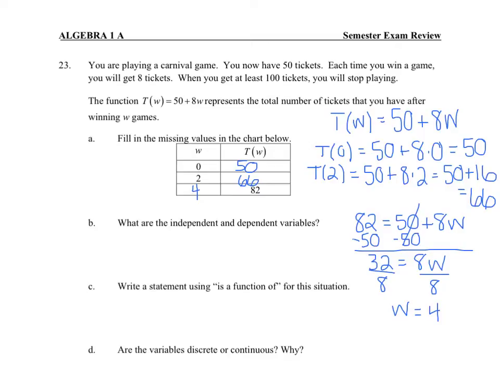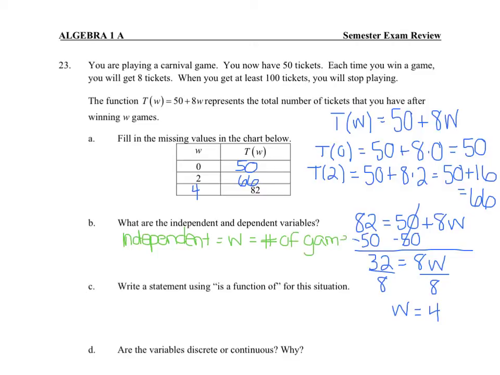The next part is, what are the independent and dependent variables? Remember, independent is the x, dependent is the y. It also comes first in a chart. We can also see that our x is what's inside the parentheses. What's outside the whole thing is our y. So our independent is our w, which is number of games won.